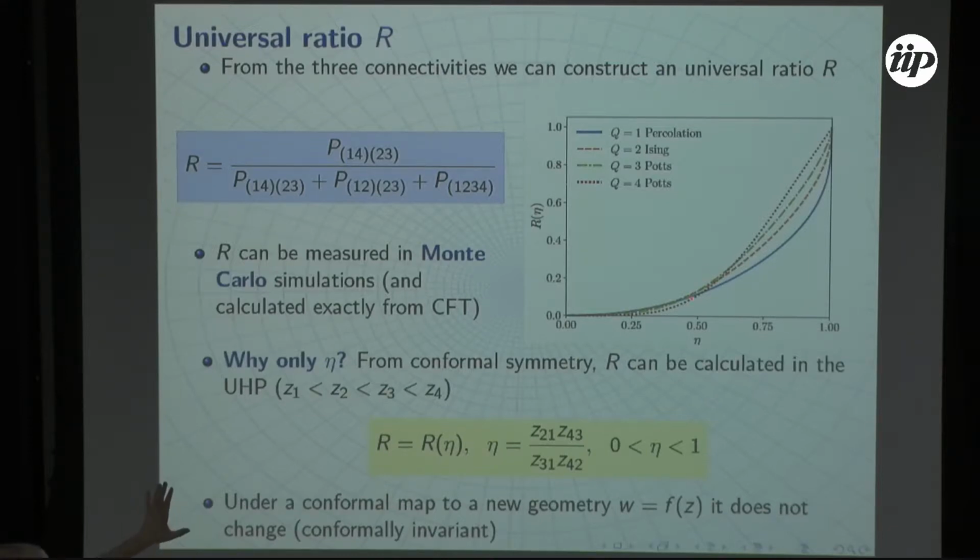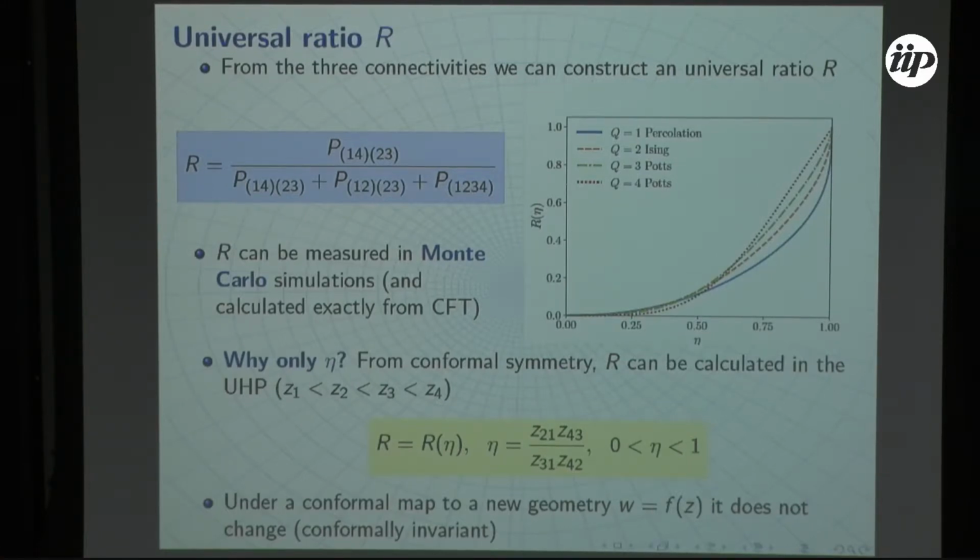These are trivial checks. Then we will see the numerics, how it compares. These are the results for Q equal 1 percolation, Q equal 2 Ising, 3 for the Potts model, 4-state Potts model, etc. It's also interesting to observe that since it is a ratio, it is not only conformally covariant, but conformally invariant, which means that you can do simulations on a triangular lattice, apply a Schwarz-Christoffel transformation, then compare with this result here.